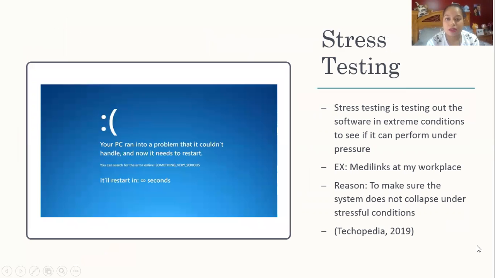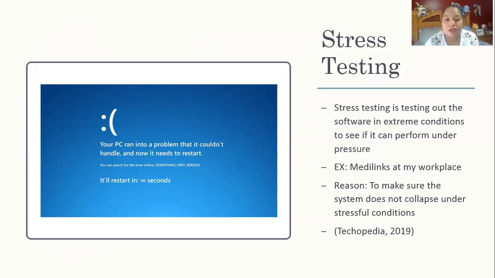Stress testing is testing out the software in extreme conditions to see if it can perform under pressure. This is done to make sure that the system does not collapse under stressful conditions. I work at a rehab, and we have MediLinks as the EHR system that the nurses chart on.